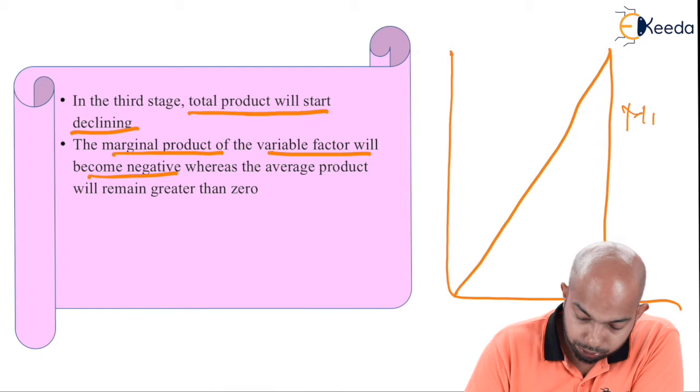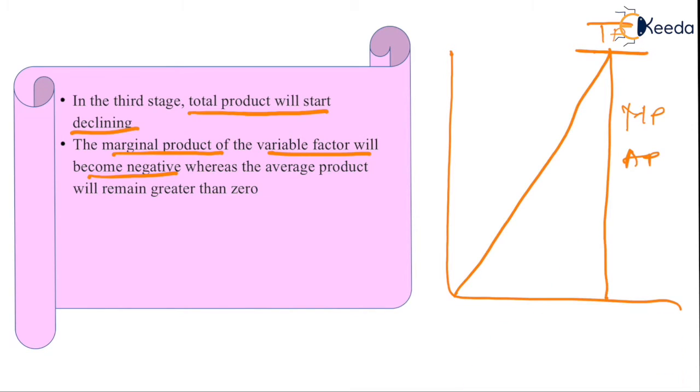This is the marginal productivity and the average productivity going down, and this is the total productivity that it has reached here. When the third stage comes, the marginal productivity will keep on going onto the negative side. Until the second stage, it was only positive.